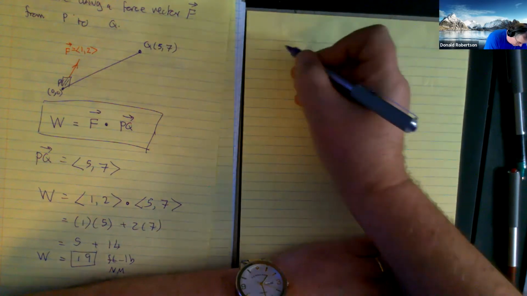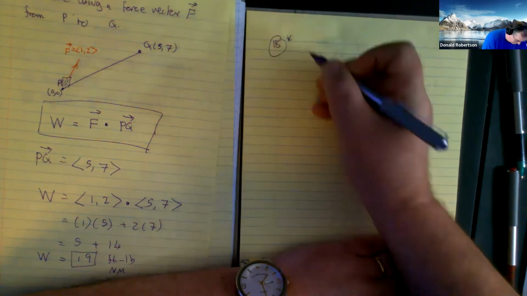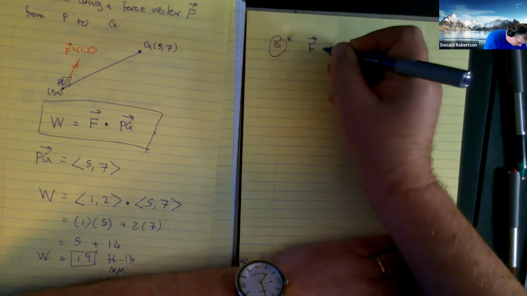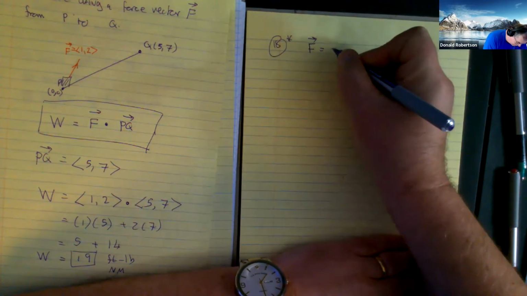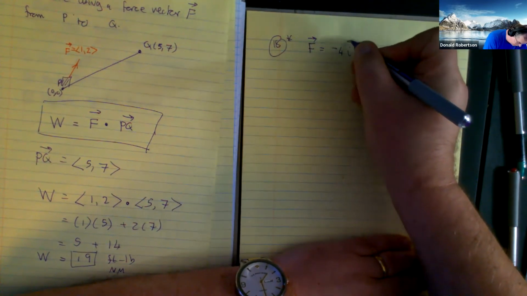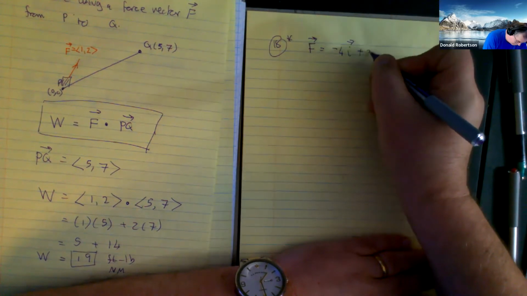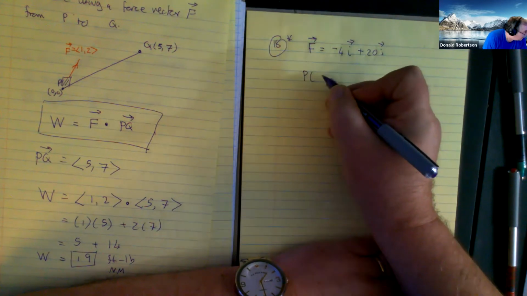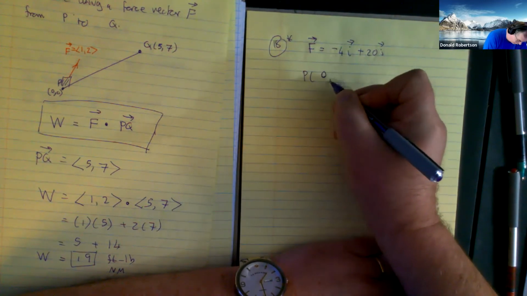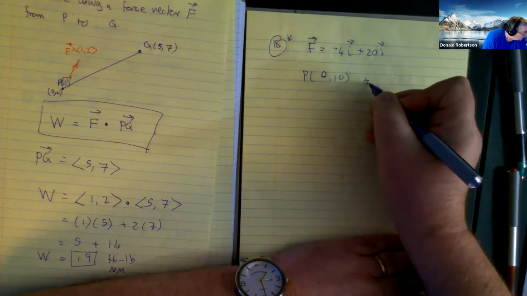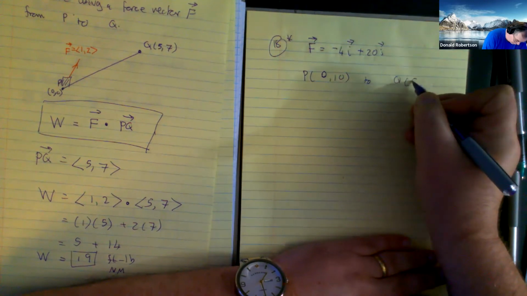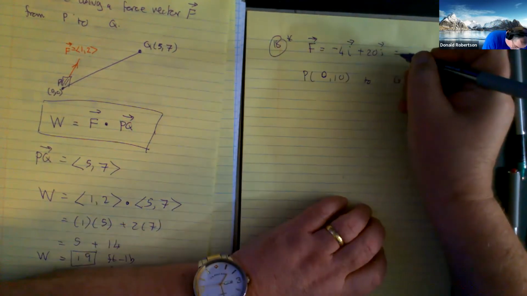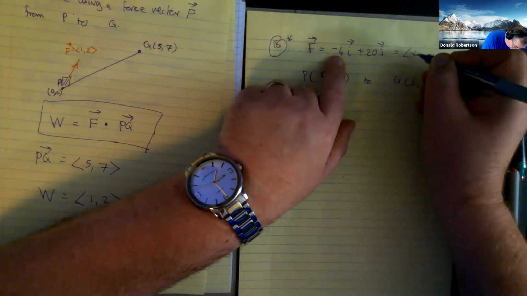Here is 18. 18, the force vector is -4i plus 20j, and we're moving it from P with coordinates 0, 10 to position Q with coordinates 5, 30. I would turn this guy into -4, 20.